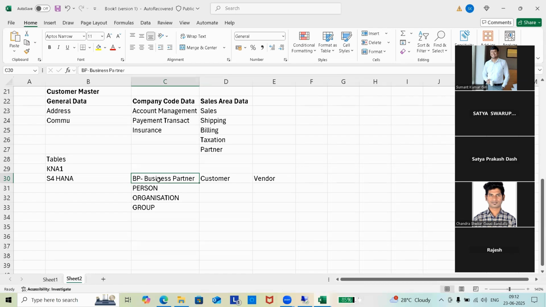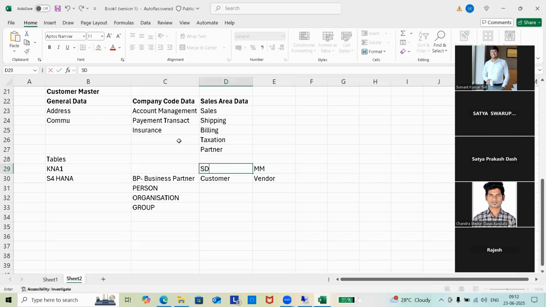In SAP SD, you have to focus on the customer only, not the vendor. This will be managed by the other consultant, but the customer will be managed by us. Previously, this business partner term was not there in the ECC system. When it comes to ECC, we focus on XD01, XD02 or XD03 only, and that is for customer master only.